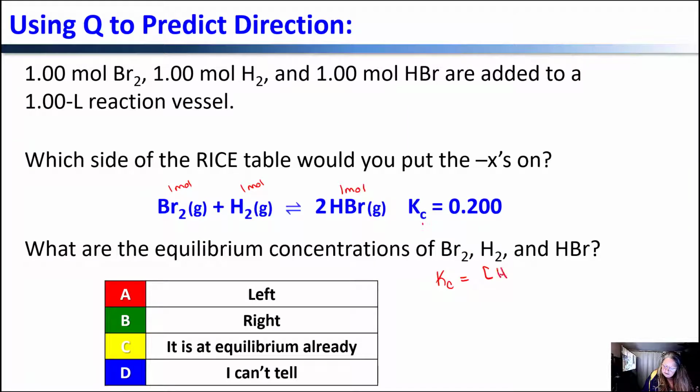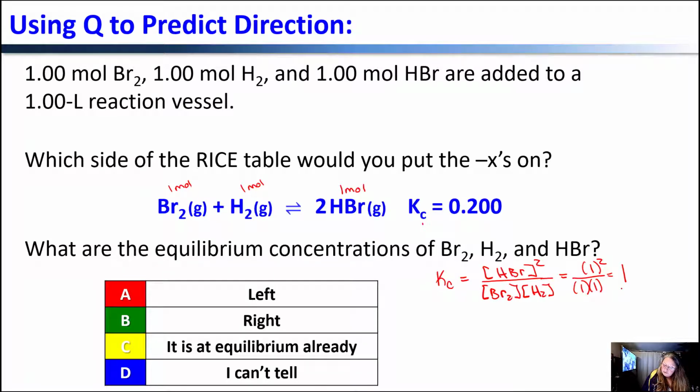I'll have HBr squared divided by Br2 and H2. This is 1 mole of each per liter, so everything is 1. It's 1 molar for each. So I'll have 1 squared divided by 1 times 1, which is otherwise known as 1.